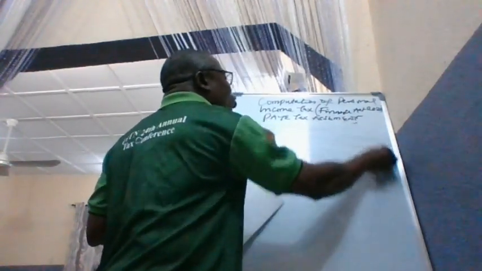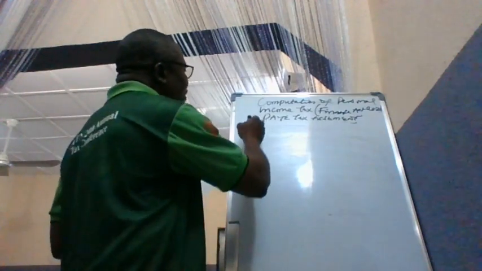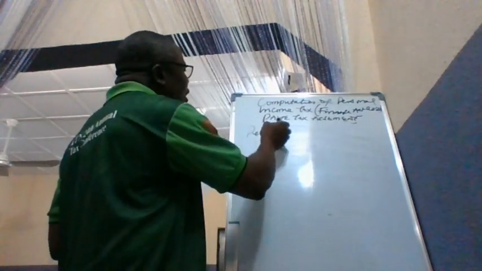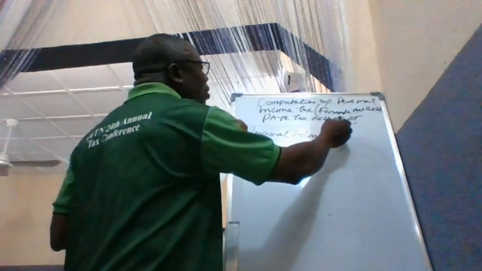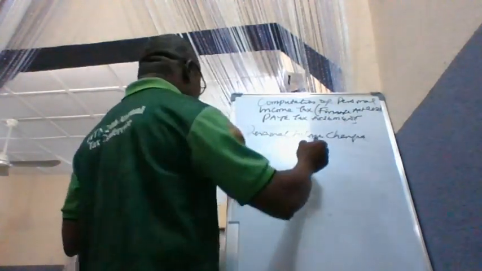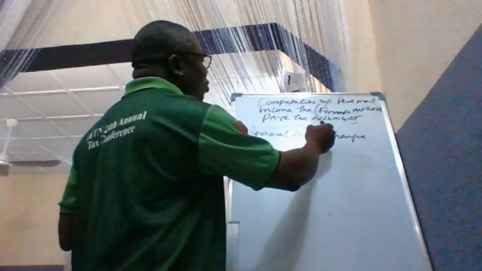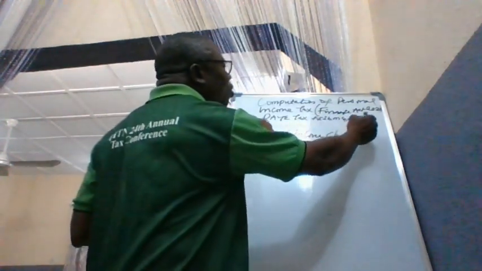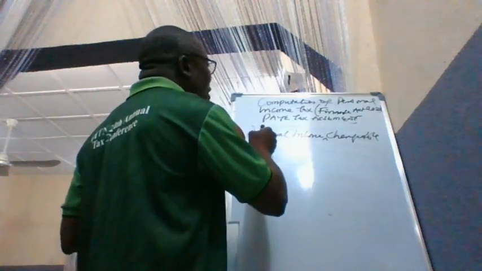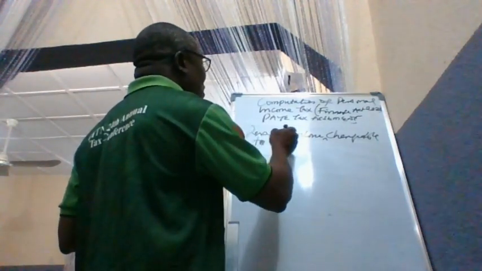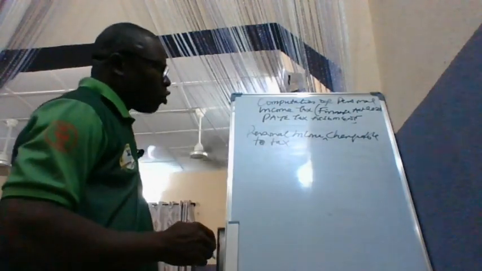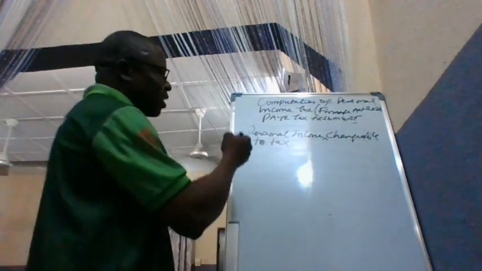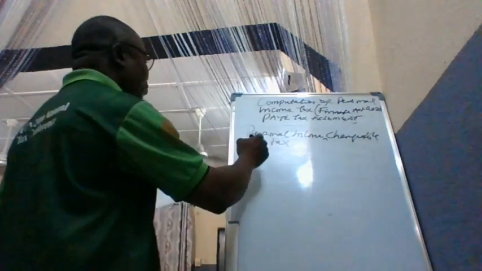That takes us to number two, the personal income tax chargeable, income chargeable to tax. What are those incomes that should be subjected to taxation?